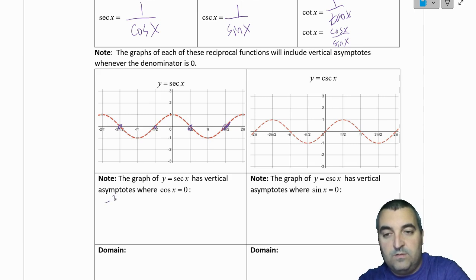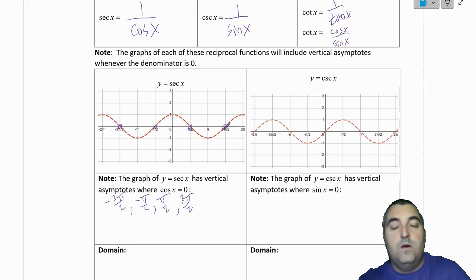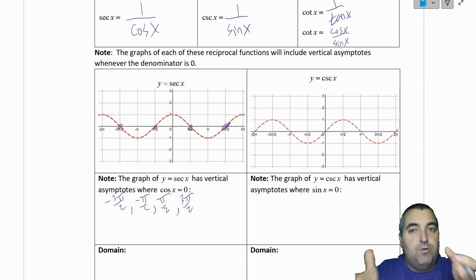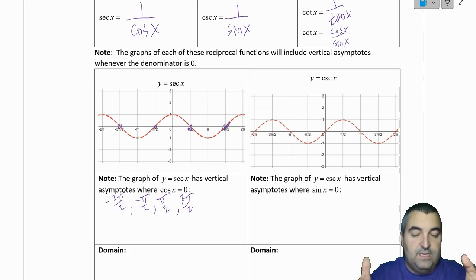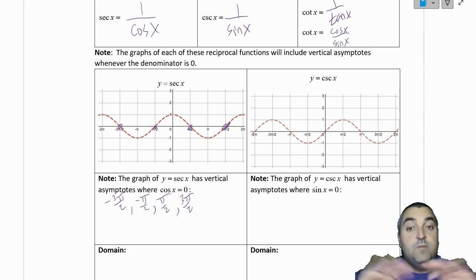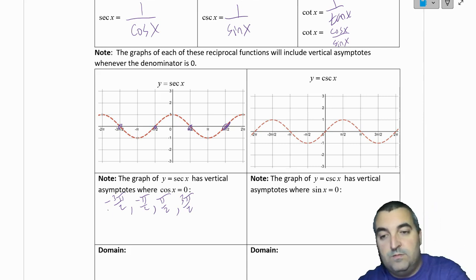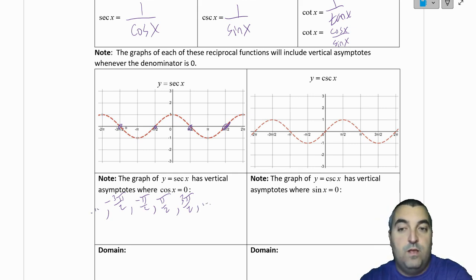So if I start listing those out, negative 3 pi over 2, negative pi over 2, pi over 2, and then 3 pi over 2. Well, this is only just part of the cosine graph or part of the secant graph. This does keep going forever. So there's dots and dots in both directions, but all of those points are where we would have vertical asymptotes.